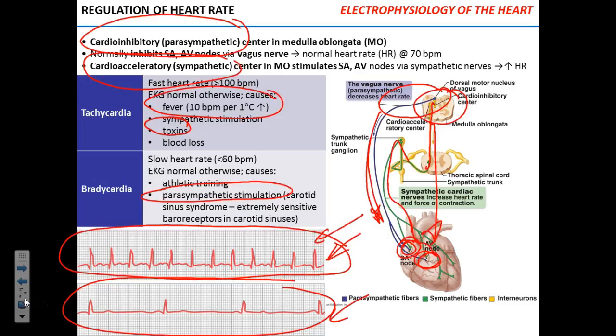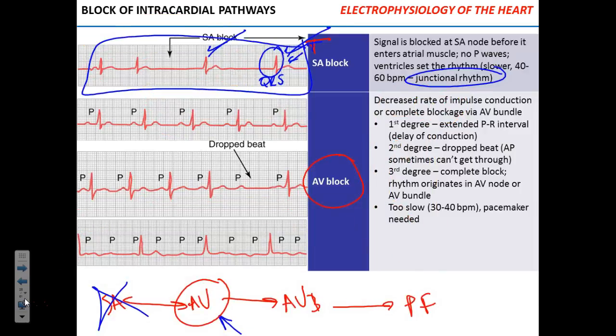Same happens here. So if there is any problem at this walkway, in the AV node or AV bundle, the electrical signal that is supposed to reach the ventricles will be altered, slowed down, or may not reach them at all. That makes sense? This is called a block, or sometimes a heart block.